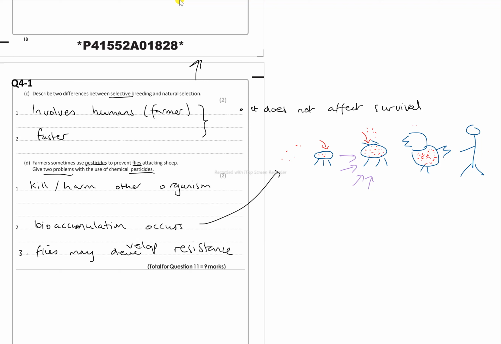And the human being eats lots of chickens, it might end up with 4,000. Now that might start causing kidney failure, liver failure, heart failure, brain failure. That is called bioaccumulation because they're being accumulated further up the chain. So that's what bioaccumulation is.